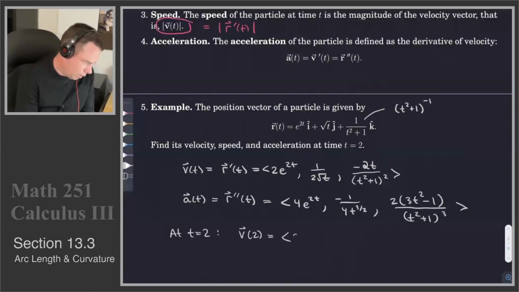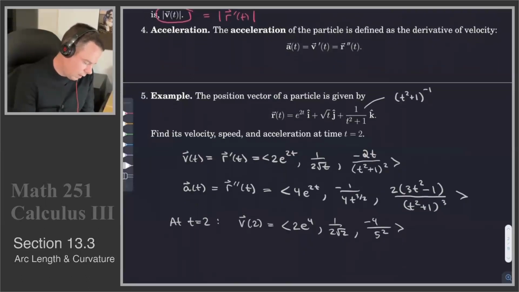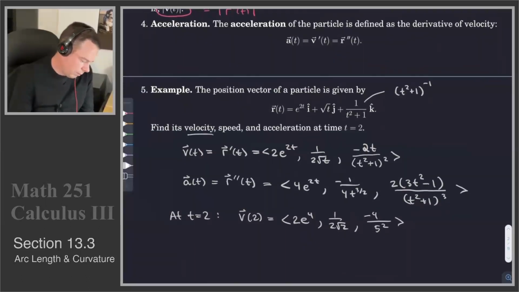So v at 2 is 2e to the 4, 1 over 2 root 2, and negative 4 over 5 squared. That's our velocity.